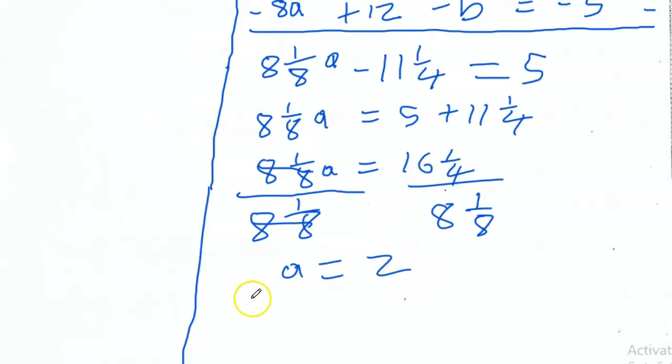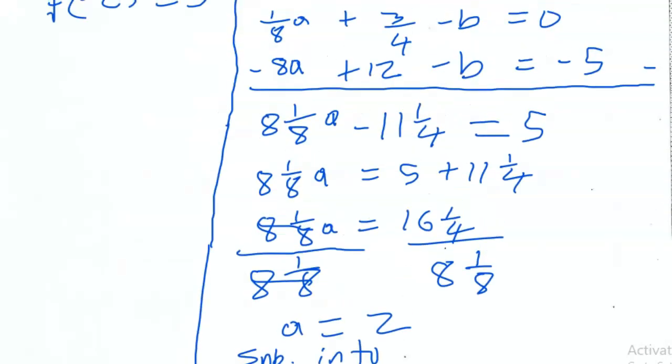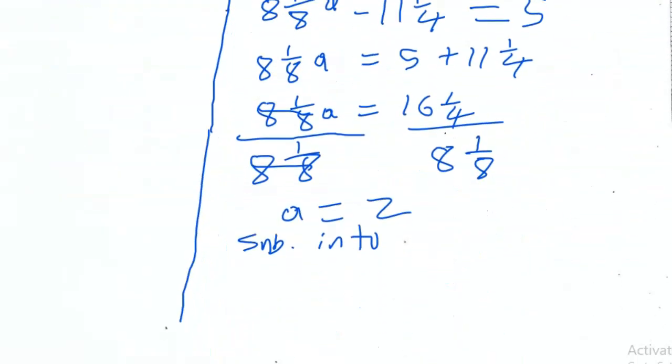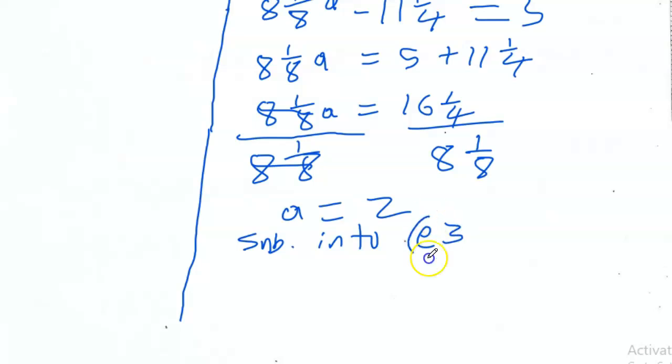Now to get the value of b, let me substitute a equal to 2 into an equation. It doesn't matter which equation I use. Let me call this equation 3 and this equation 4. So let me use equation 3. In equation 3, I'm going to replace a with 2.